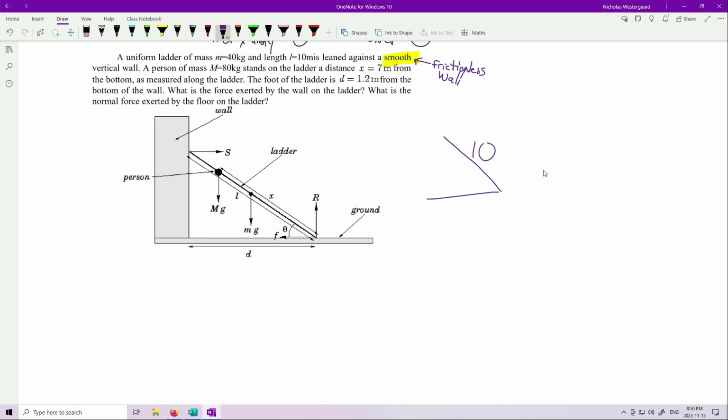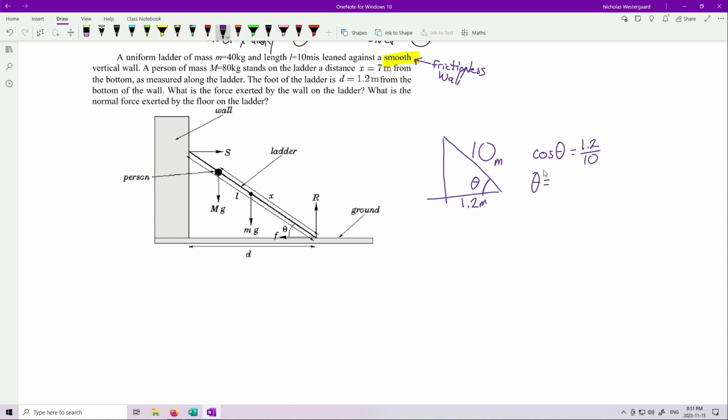This is a 10 meter and this is 1.2 meters. We'd find this angle because I'd be looking at my hypotenuse and my adjacent. So cosine of this angle is my adjacent side over my hypotenuse.